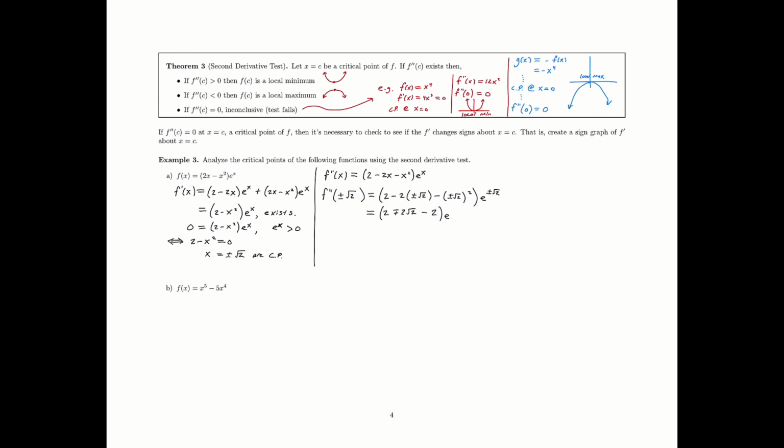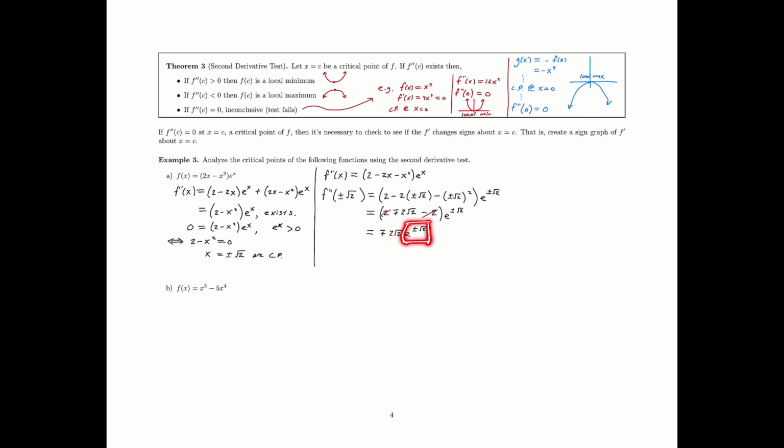times e to the plus or minus root 2. So it looks like this is going to be, after we cancel those, negative plus 2 root 2 e to the e to the plus or minus root 2. Now notice over here, like we said, e raised to anything is positive. So this being a plus or a minus doesn't affect the sign of this term.